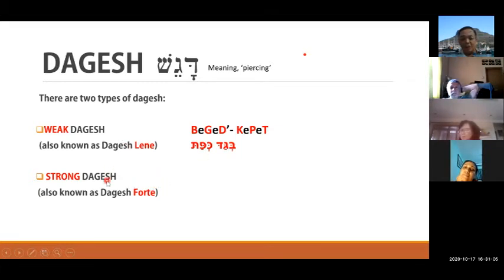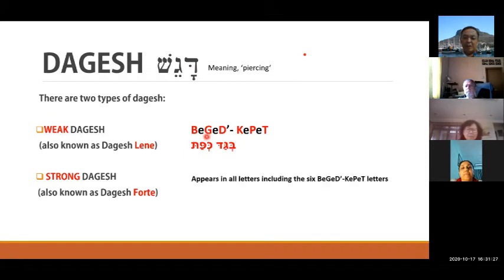Because the strong dagesh, or dagesh forte, means the doubling dagesh. The letter itself, like the dalet here, instead of just a D, is actually a double D. We'll look at it later.